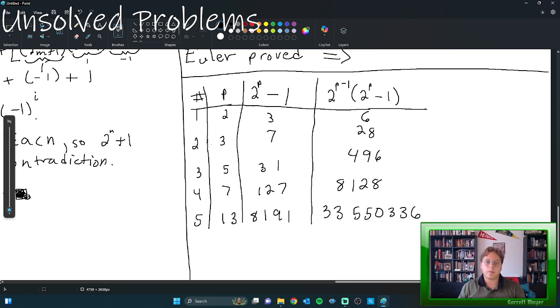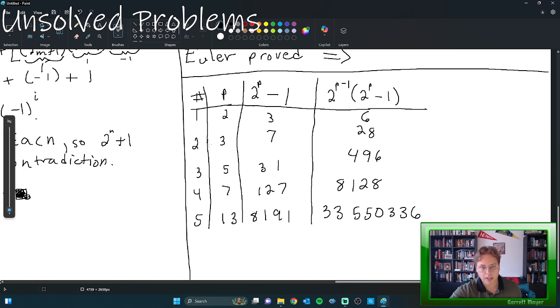Now, the important thing to note here is that these are the first 5 Mersenne numbers on the left, and then on the right are the first 5 perfect numbers. So there's this very foundational connection between the even perfect numbers and the Mersenne primes.